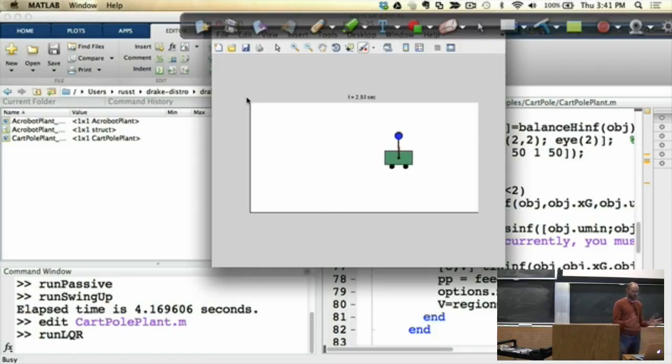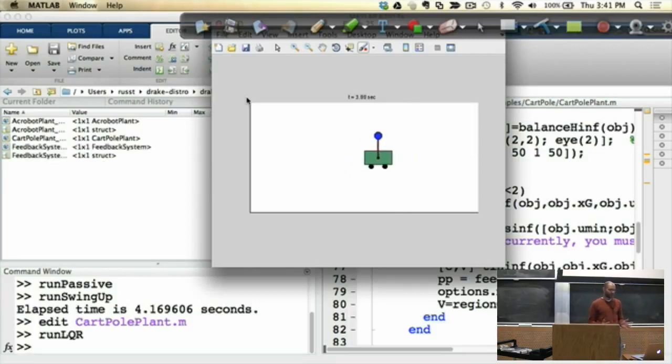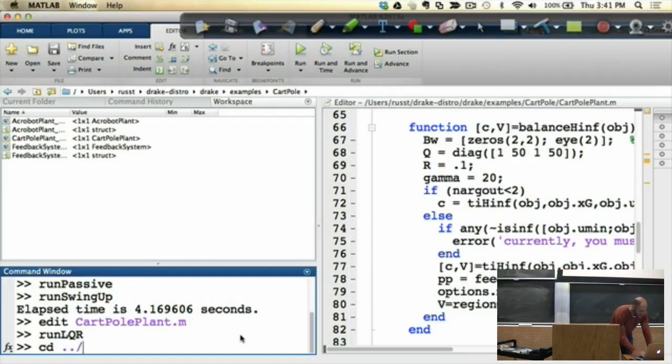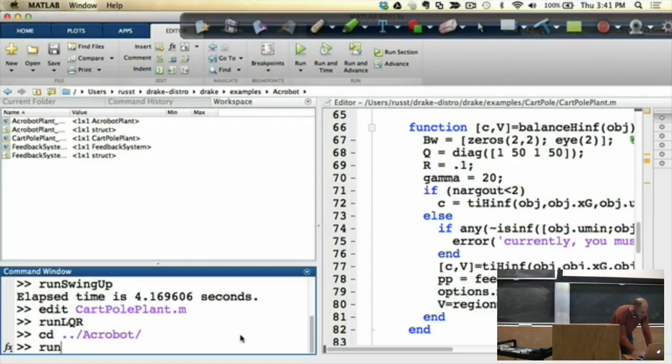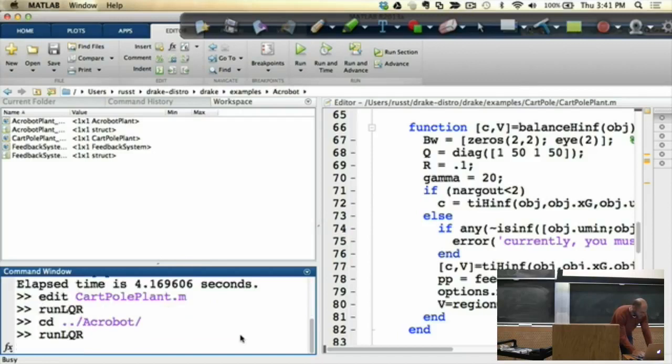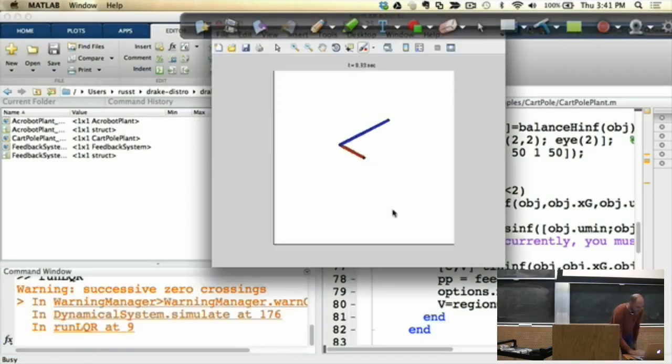Now I've tried to pick a range of initial conditions so that with some small probability it'll fail. The cart-pole is kind of fun. If it does fail, it'll just race off to the side and disappear. Okay. Same thing for the Acrobot. Started from, see, that was too much initial condition.